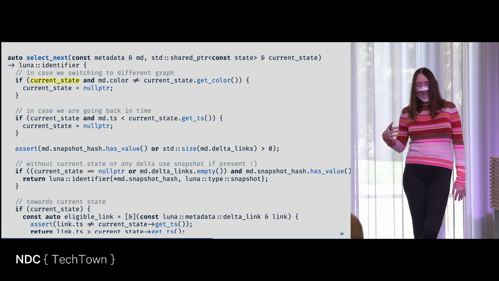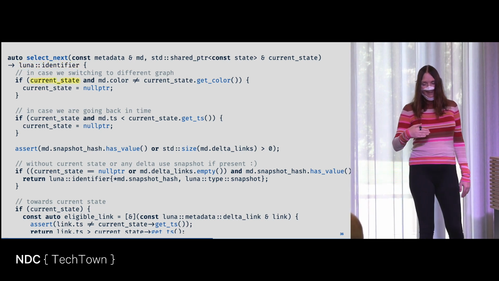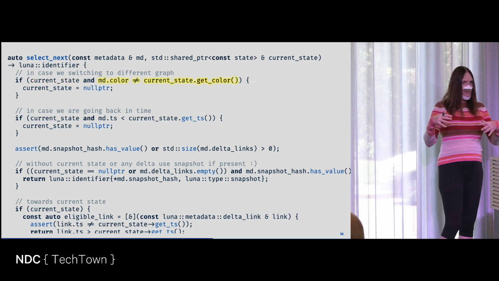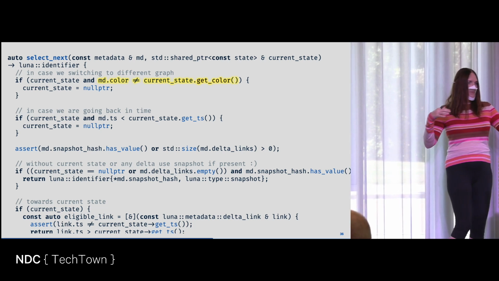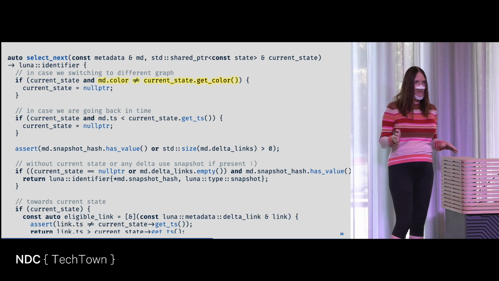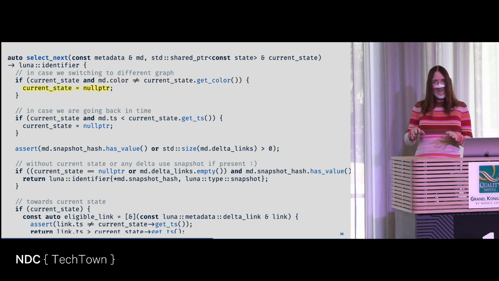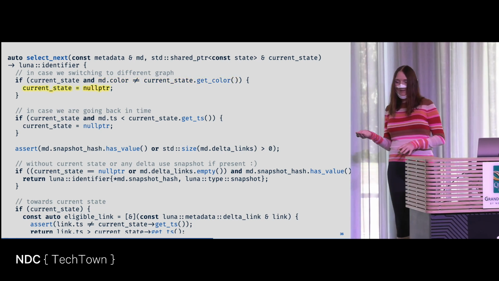First thing, if I'm not in a current state or the color of the graph is different, so maybe I switch branch between totally unrelated graphs, I mark that current state is empty, and I will do a full update.